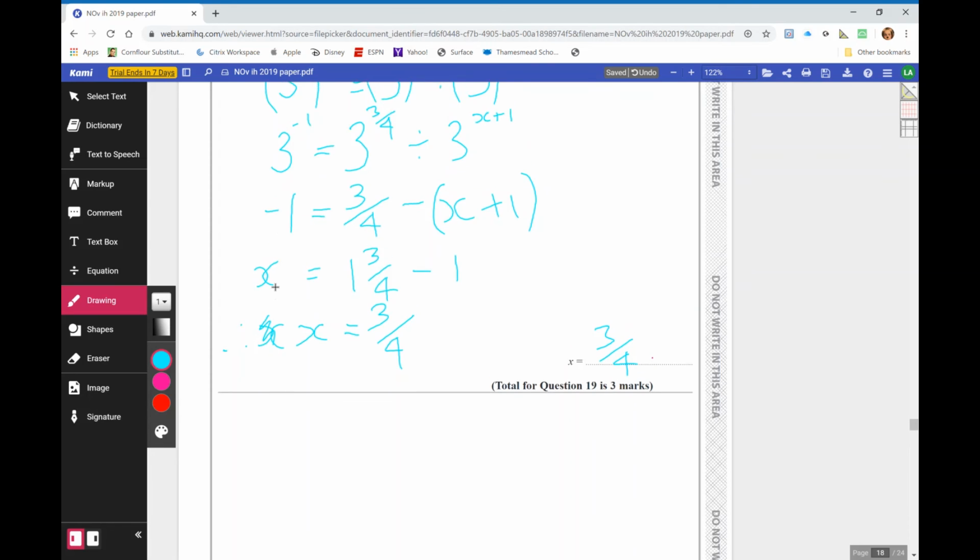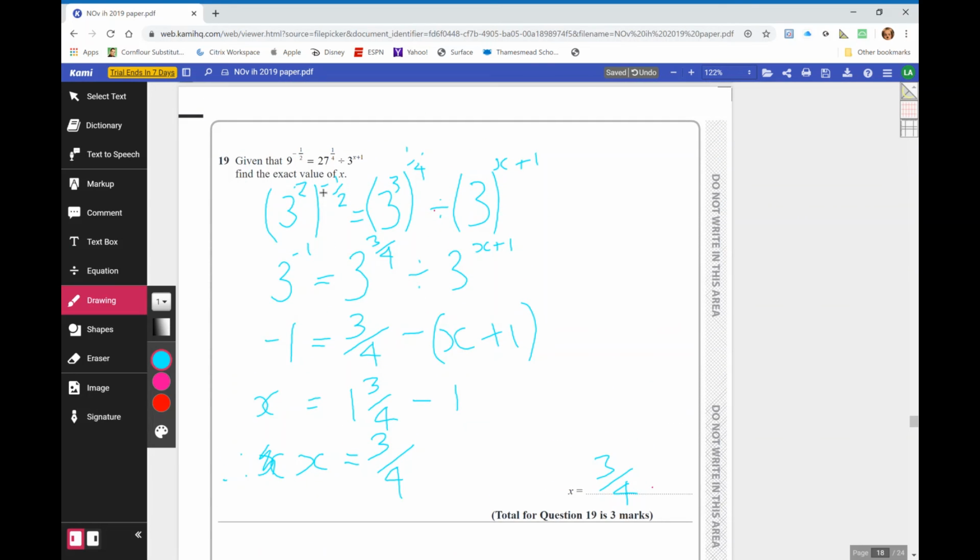So the first step is to get it into the same base. Then once you've done that, you can multiply them out to get them in indices format.